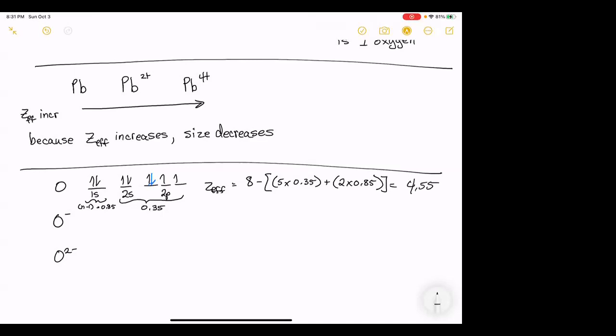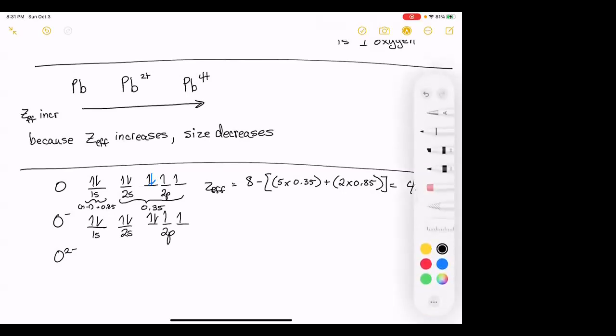Now, if we make O minus, now we're talking about this electron here.